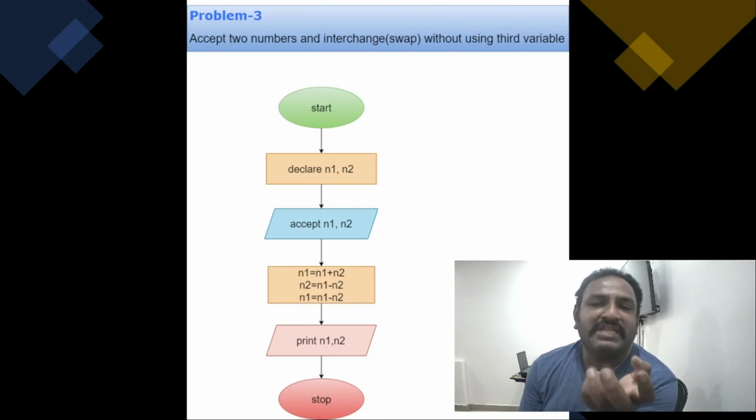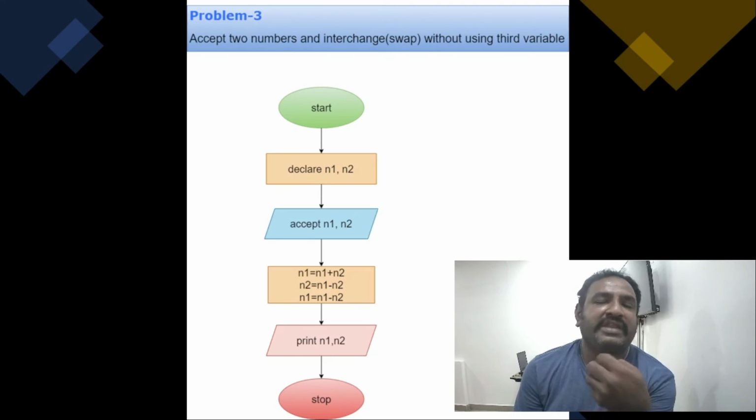Right? And the next step: one value is already interchanged. And the next one is n1, whose expected value is 38. Now n1 is 63 and n2 is 25. So because of this, what happened? 63 minus 25, it becomes 38.